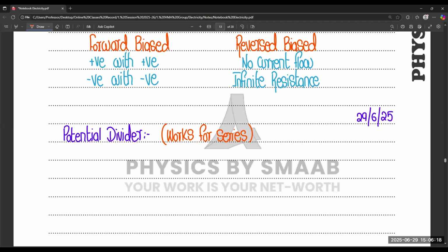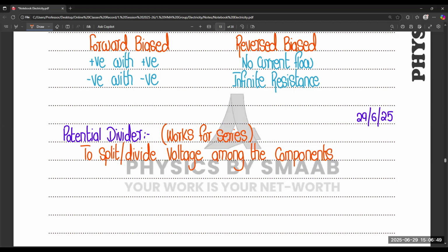So the purpose of potential divider is to split or divide voltage among the components connected in series combination.